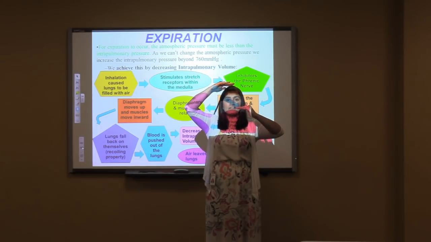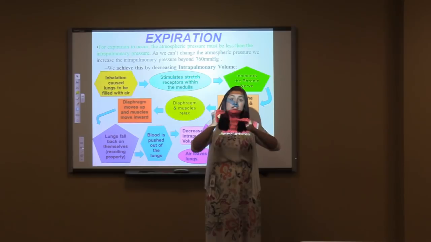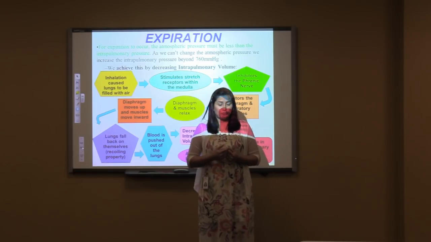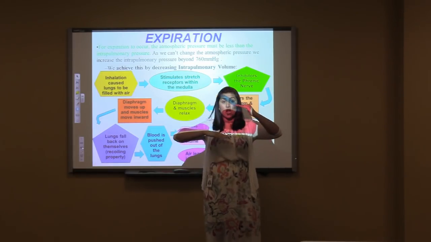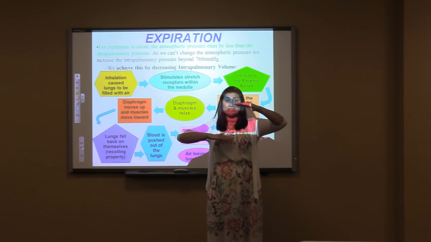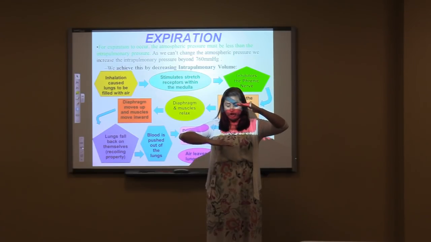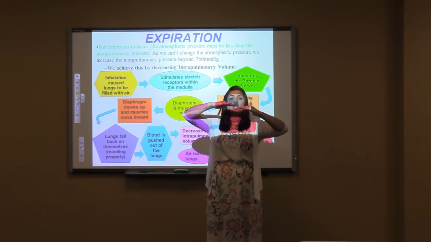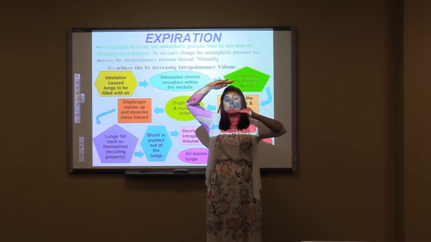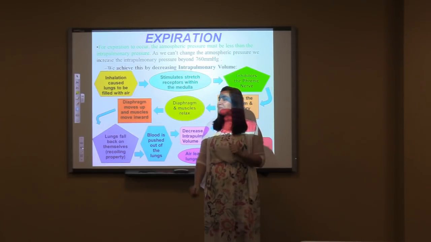It has to reach 764, again a 4 millimeter mercury difference. So now the intrapulmonary pressure is higher than the atmospheric pressure and air can leave. Okay? So now we're going to learn how we cause our intrapulmonary pressure, which was at 756, to go up and even beyond 760, therefore reaching 764.